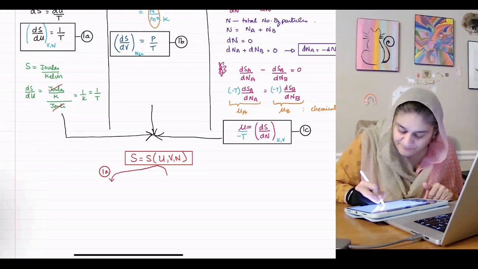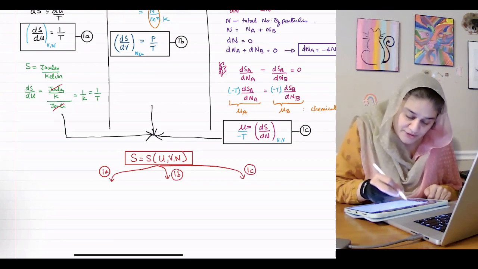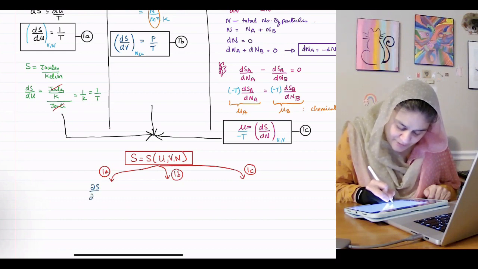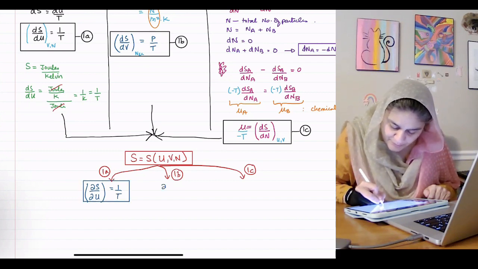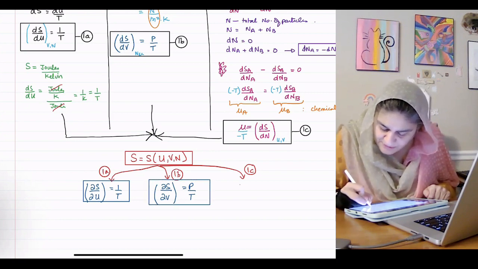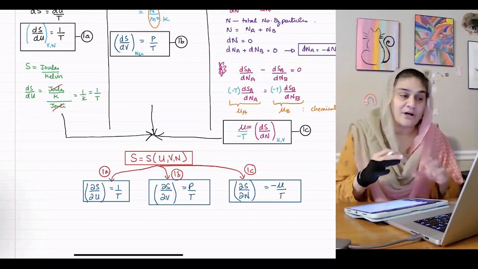1A, 1B, and 1C can be written as: partial S over partial U is 1 over T, partial S over partial V is written as P over T, and partial S over partial N is written as minus mu over T. And again, the quantities that are held constant remain the same.